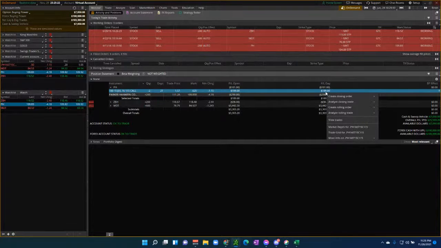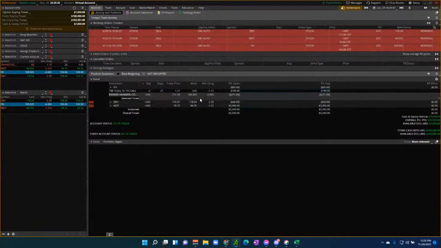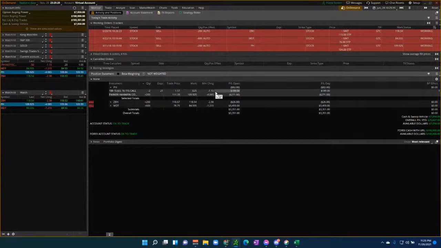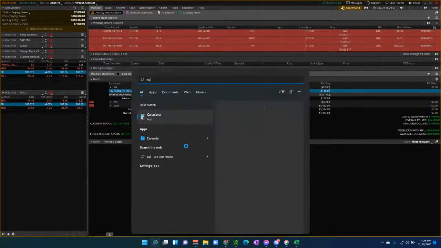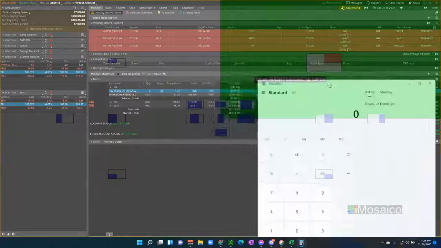So we could probably get rid of this now because the only thing that's really left on this position is only about 62 cents. The total amount that we could have collected is 157, and the only thing that is left of it is 62 cents.